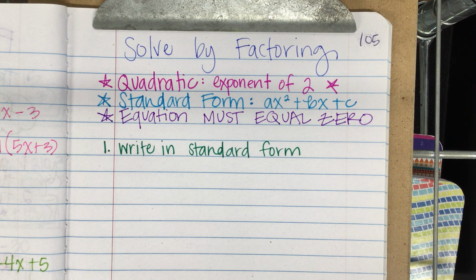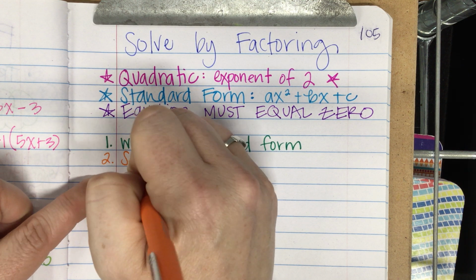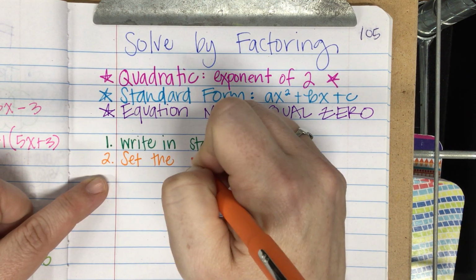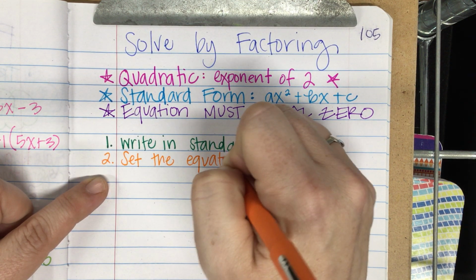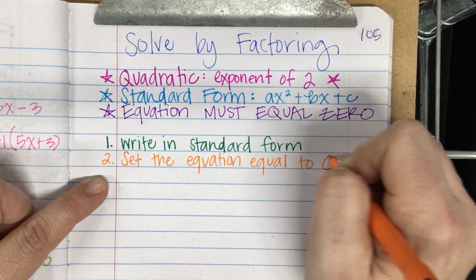But if it's not in standard form, we need to reorganize it so that it is in standard form. We're going to write it in standard form. We are going to set the equation equal to 0.